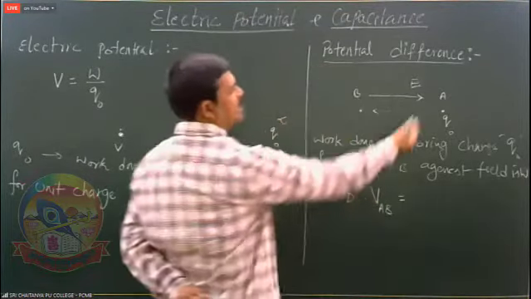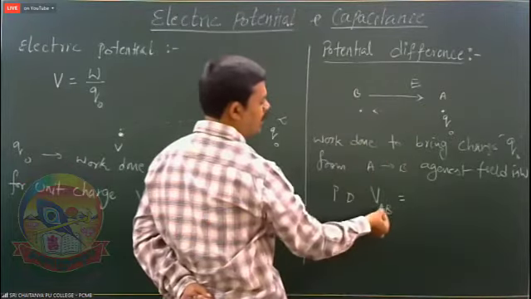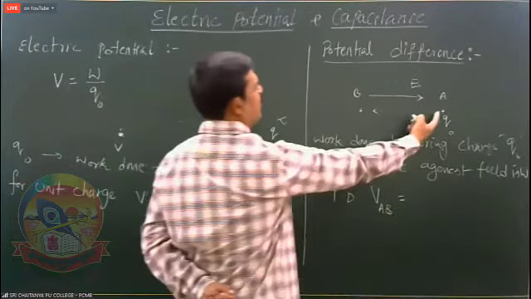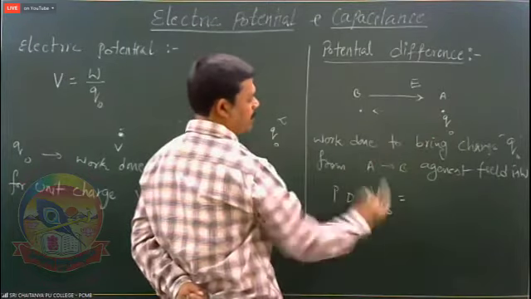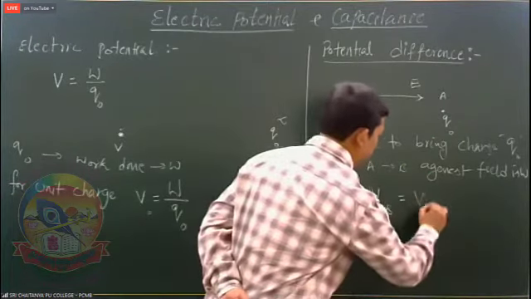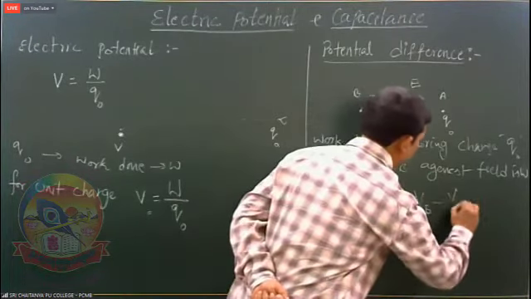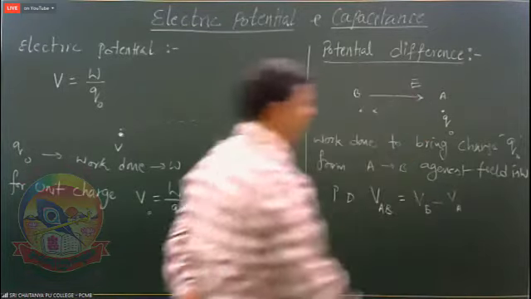It tells you the charge is coming from A to B. VAB represents the charge coming from A to B, which is equal to VB minus VA.